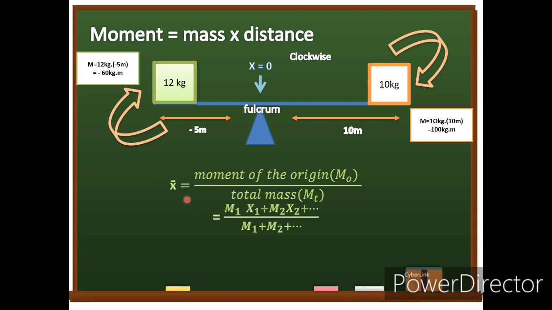So x bar is equal to the moment about the origin over the total mass, which is m1 times x1, or mass 1 times distance 1, plus m2 times x2, or mass 2 times distance 2, over the total mass of the objects, m1 plus m2.